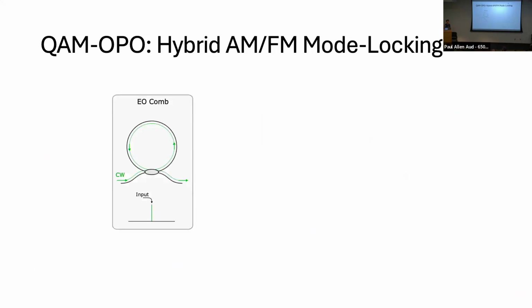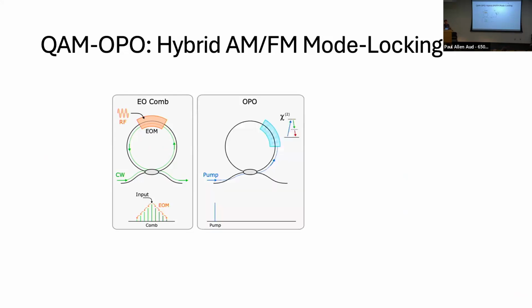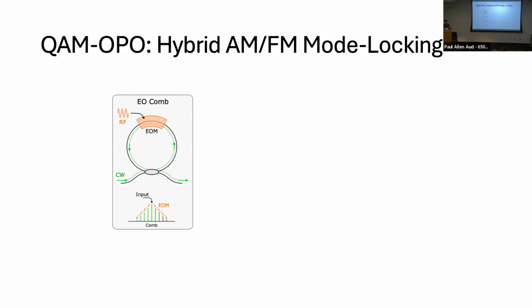This talk is going to introduce one of our proposals, called the QAM OPO, a new type of frequency comb source formed by hybrid AM and FM mode locking of OPOs. In a conventional EO comb, recall that you have a cavity that is pumped on resonance, and there's a phase modulator in that cavity, matched to the FSR, which couples power to neighboring modes so that you get a comb.